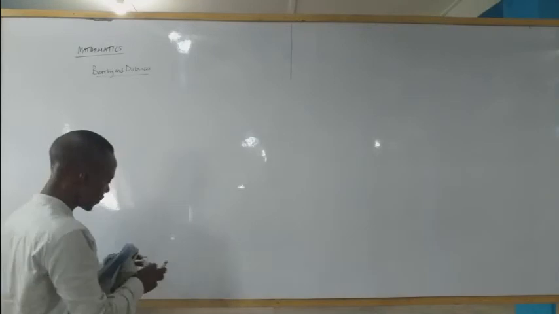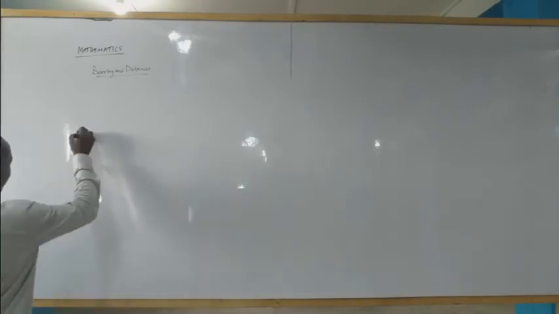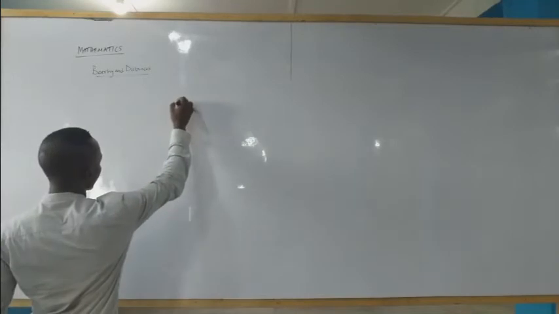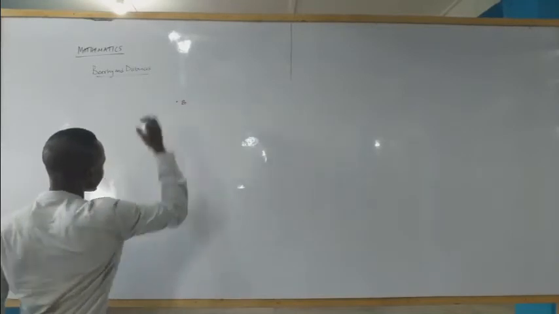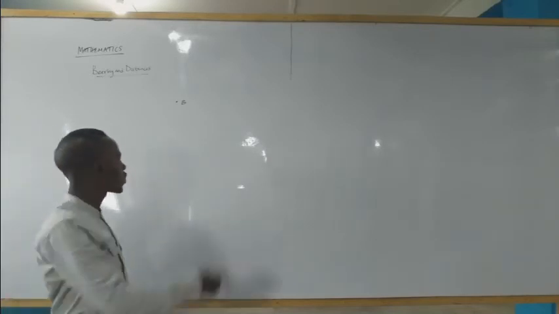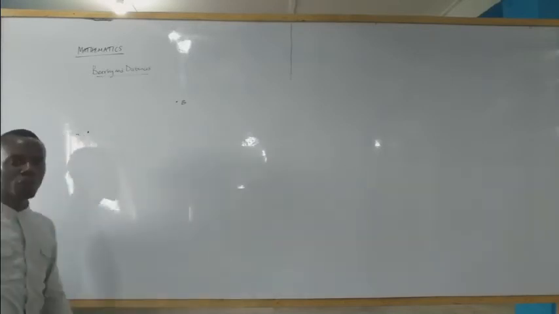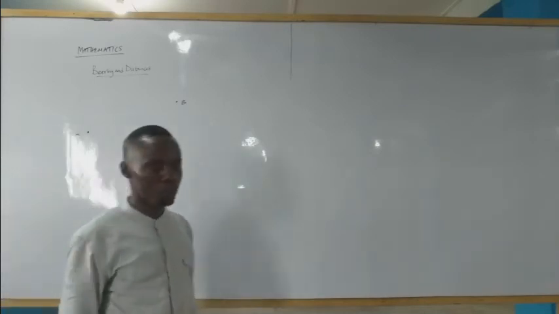Let's assume this is point A, and we have another point B over here. How do we go from point A to point B, or how do we move from point B to point A? That's what bearing and distance is all about.